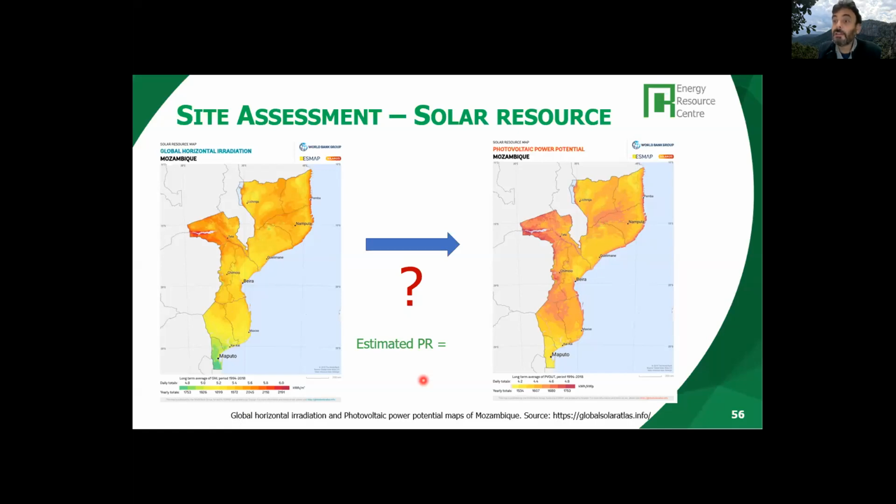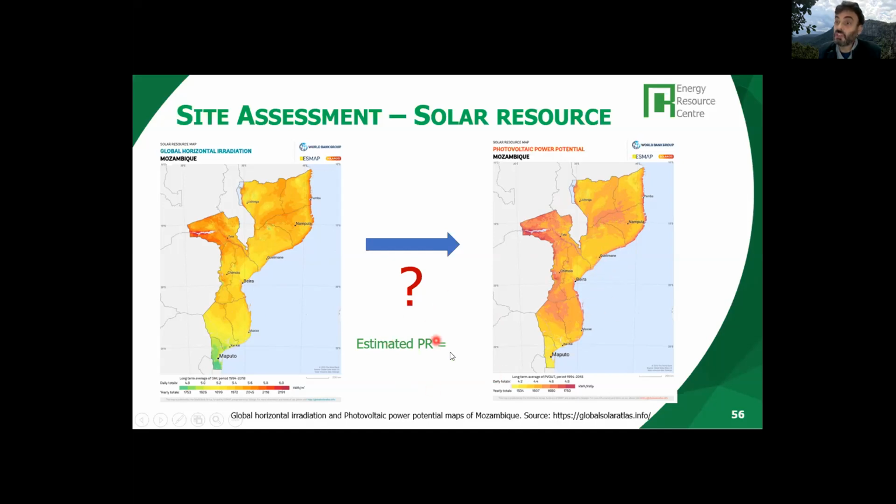Somebody has estimated a performance ratio here to change solar irradiation levels to photovoltaic system productivity. Somebody has used the sun peak hours that this map is telling us to estimate the productivity of a PV panel, of a PV plant.